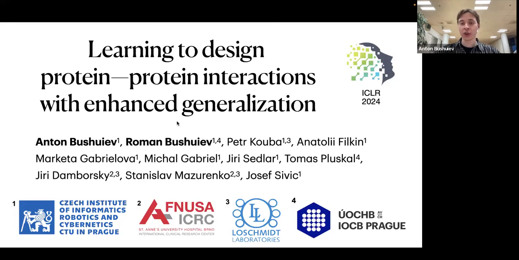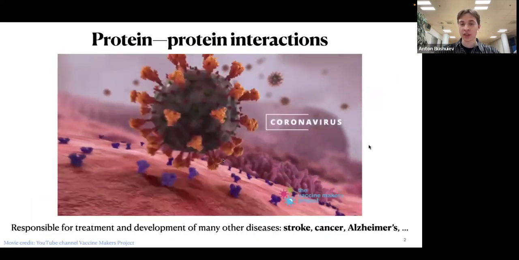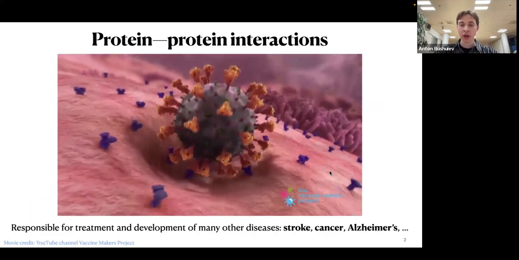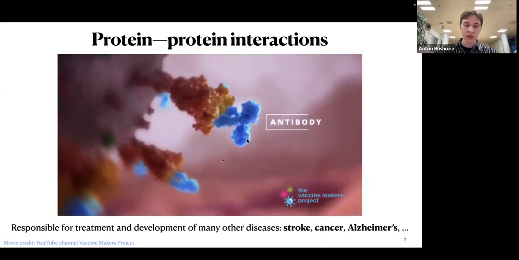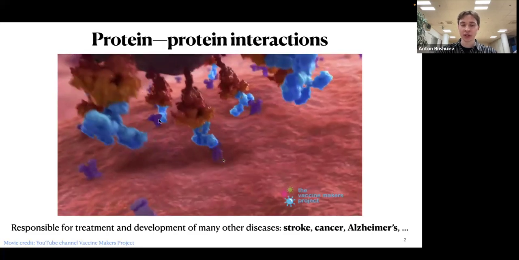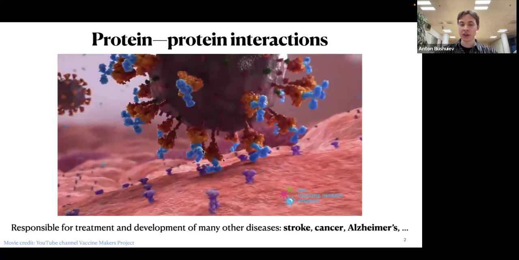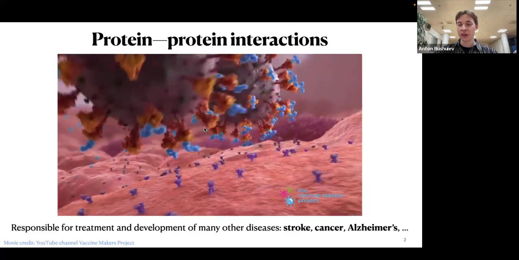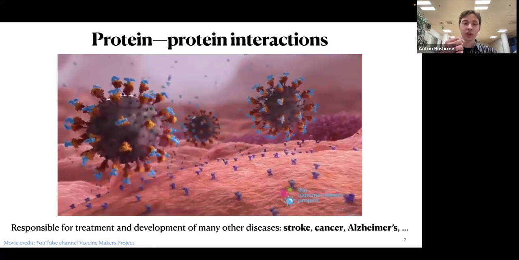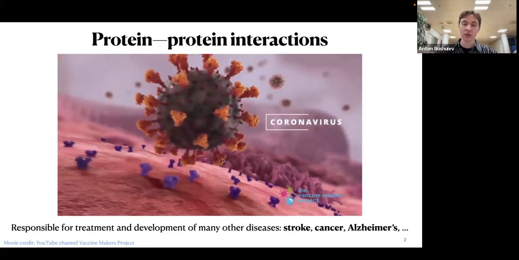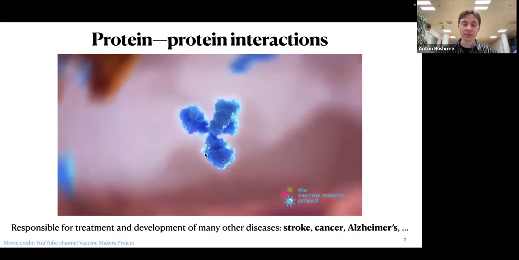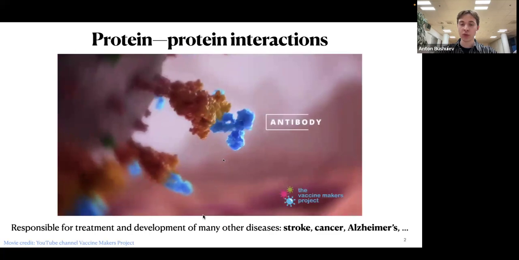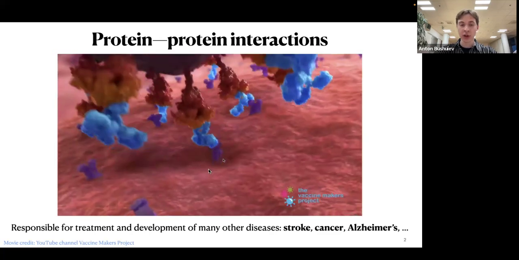And so to start with protein-protein interactions, this beautiful animation shows how coronavirus attacks or penetrates a human cell. In the first place, we can see that coronavirus has these spikes, which are visualized here in orange. And each of the spikes consists of 3 proteins stuck together. We can see that coronavirus uses these spikes to attach to proteins which are visualized in purple.